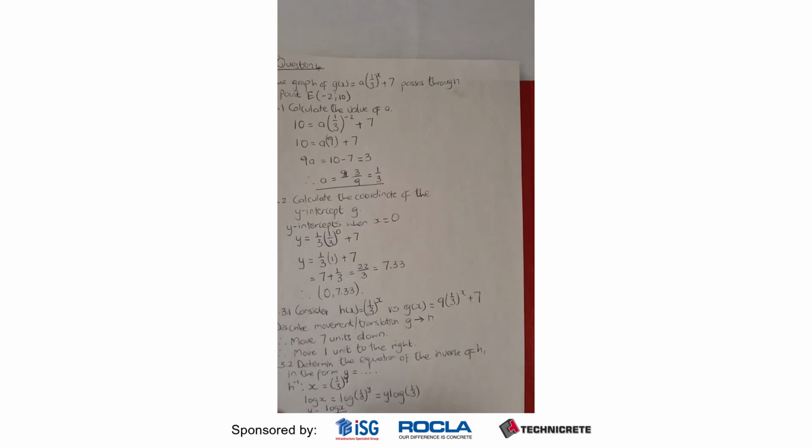This is just dividing both sides by log of 1 over 3. And again, by the laws of logarithms, what is below the fraction line then becomes the base. So then it becomes y equals log of x base 1 over 3.